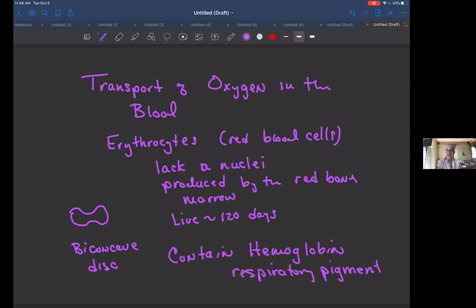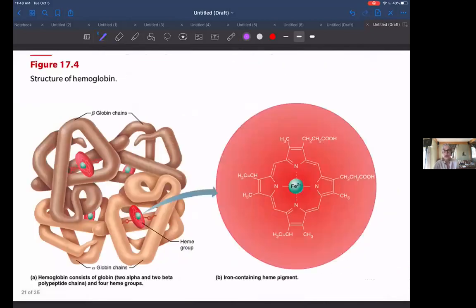And one of the interesting things about hemoglobin is it binds reversibly to oxygen. So what that means is it picks it up under certain circumstances and then it releases it under other circumstances. So it must behave in a very complex way in order to respond to differences in the environment. So let's look at a diagram that shows the hemoglobin molecule.